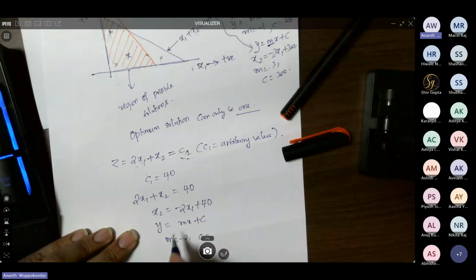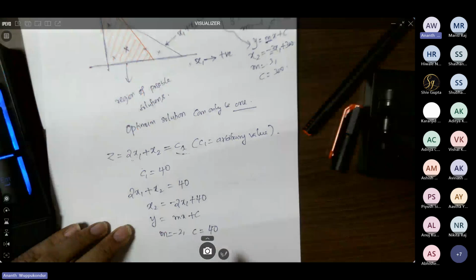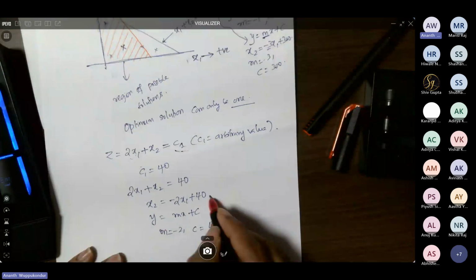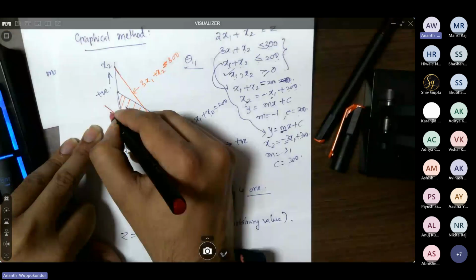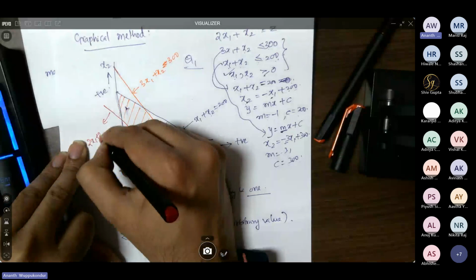So this is our new line equation, and I'm going to plot that again here. The red line is what constitutes 2x1 plus x2 equals 40.